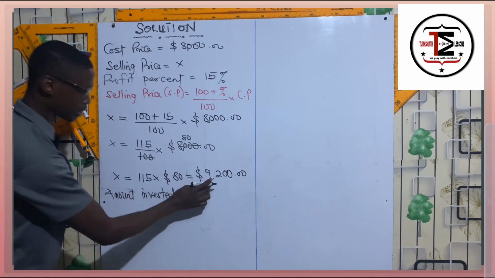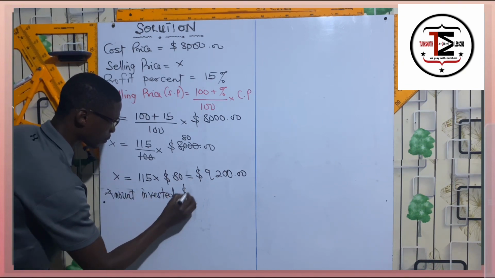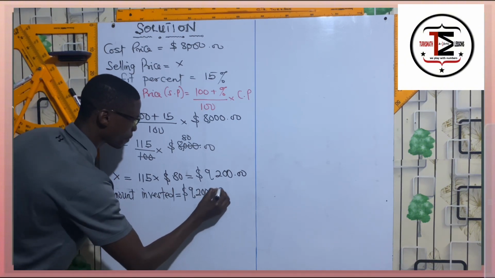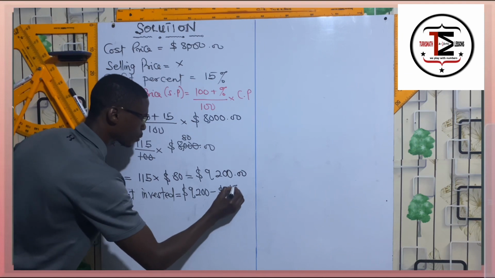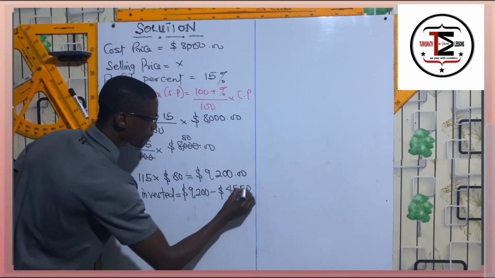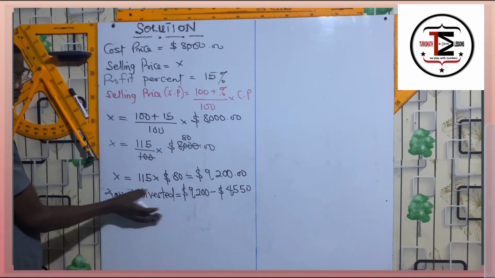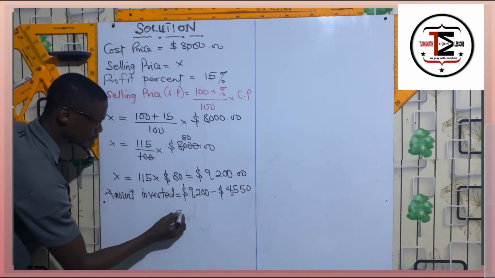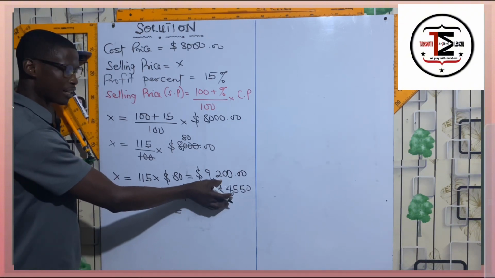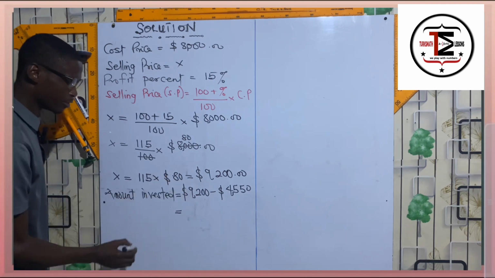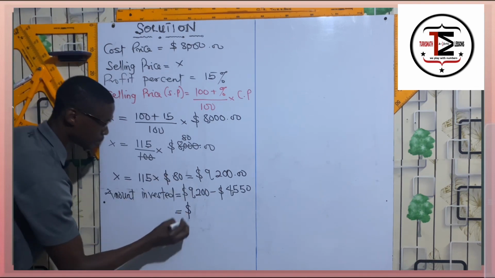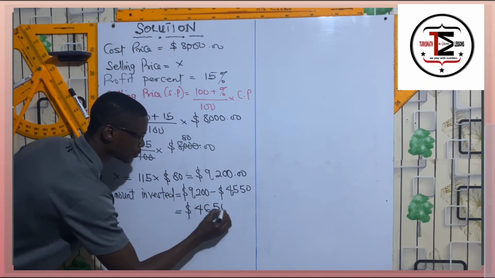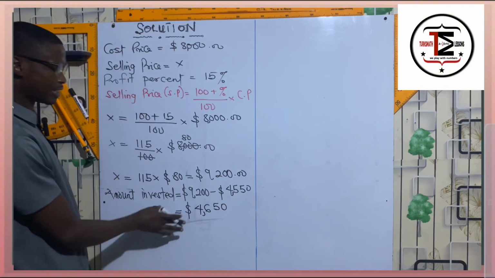To get the amount invested, you subtract this amount from this, so when you subtract 4,550 from 9,200, you are going to have the amount that he is going to invest.